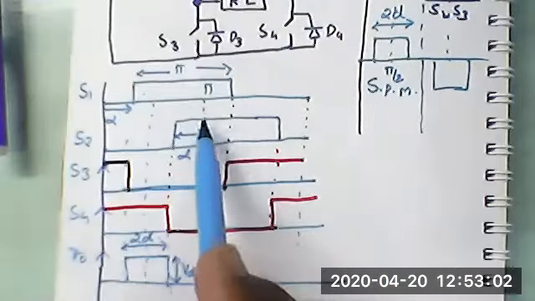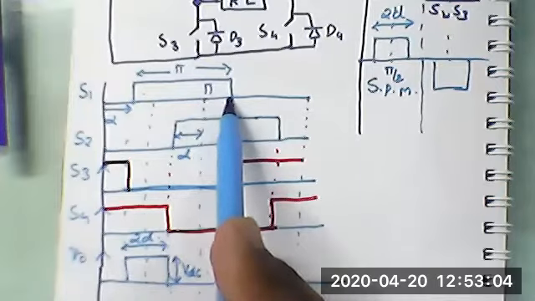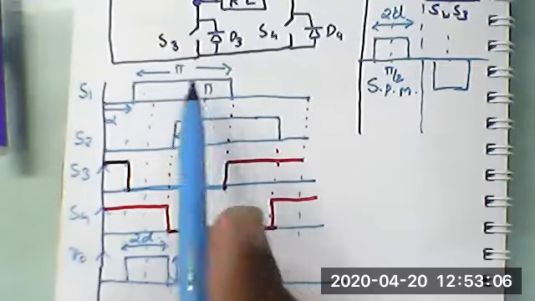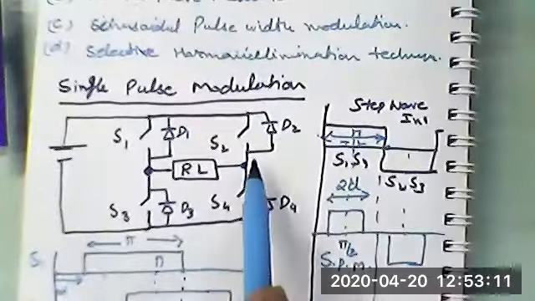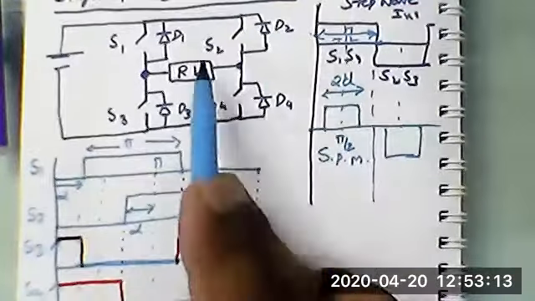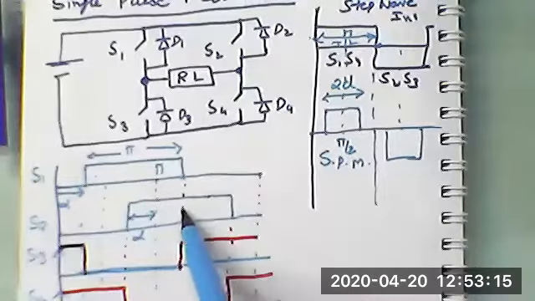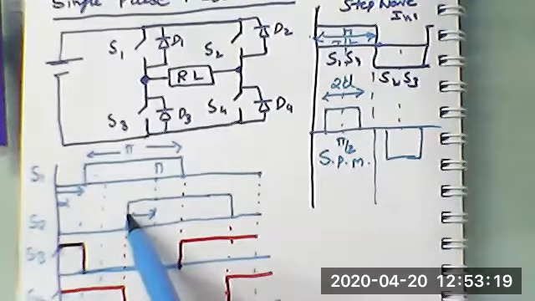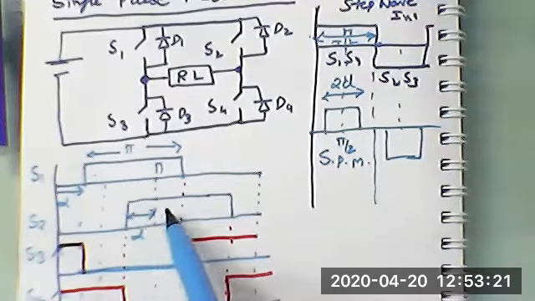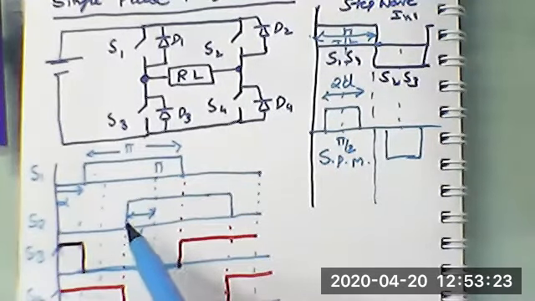Duration remains same, so it will go from pi to pi plus alpha. And this S2 pulse is advanced. Pulse for S2 has to be generated from this instant pi, and it is advanced by an angle alpha. It will start alpha before pi.